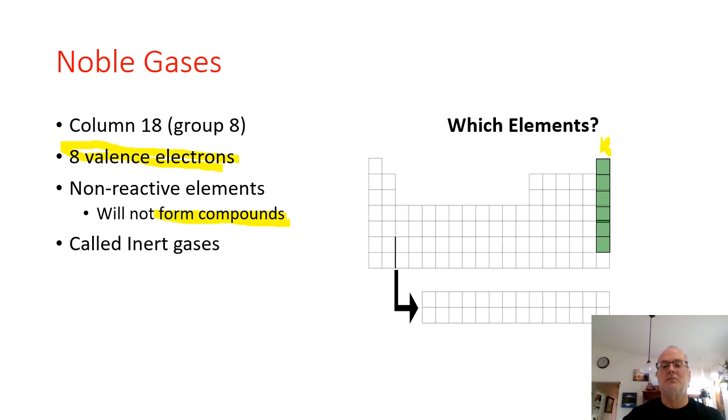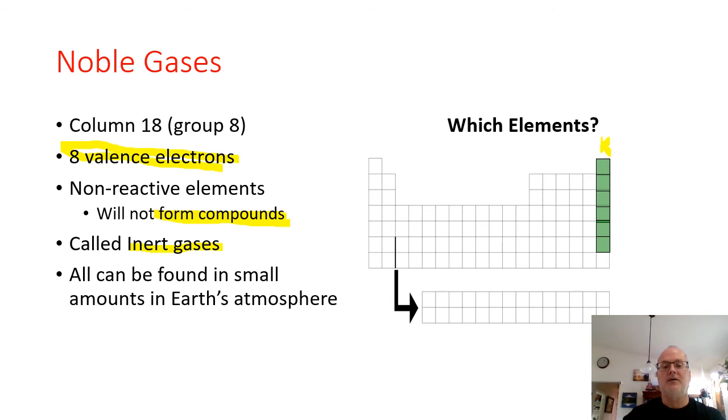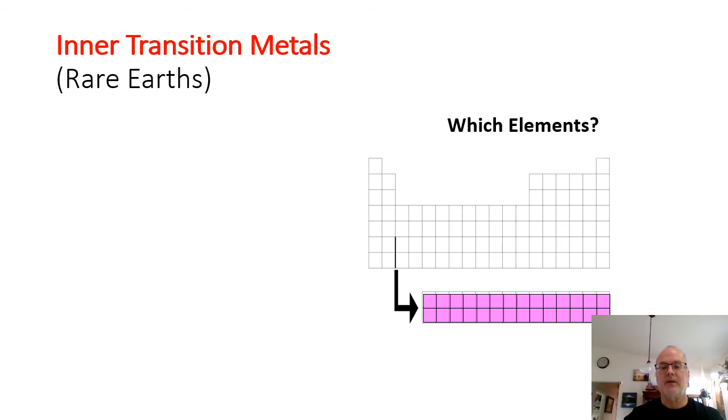They're also sometimes called the inert gases. And you can all find these in very small trace amounts within our Earth's atmosphere. So literally you're right now breathing a certain amount of helium and neon and xenon and argon, but they're very small amounts that your body doesn't even really notice that it's breathing them in.